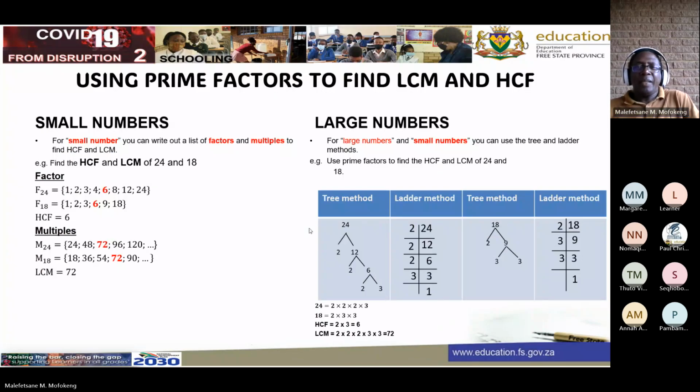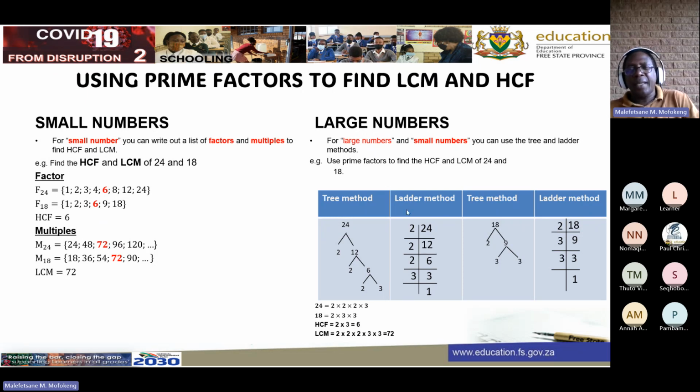Then the tree method of 24: 2 multiplied by 12, 2 goes into 12 6 times, and 2 goes into 6 3 times. All these numbers are prime numbers. In other words, 24 has the prime factors 2 multiplied by 2, multiplied by 2, and multiplied by 3.